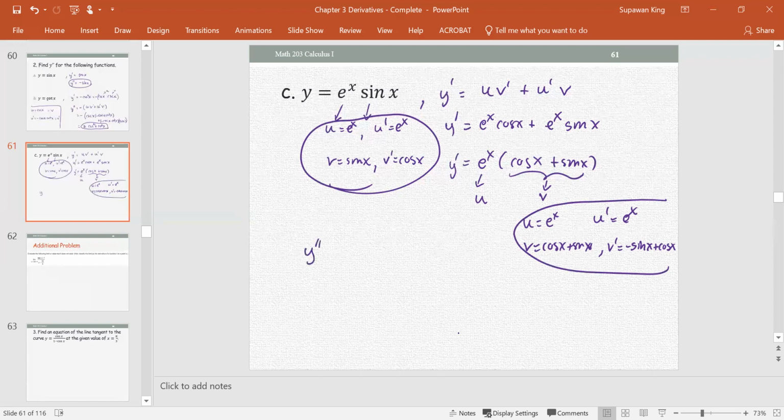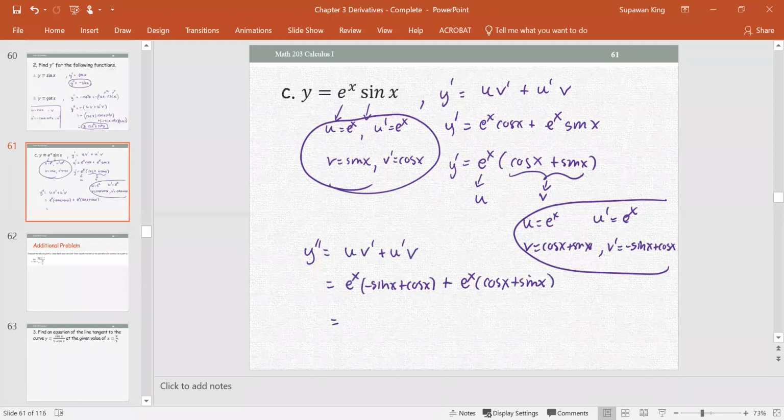So then the y double prime is u v prime plus u prime times v. The new set of the u and v, as u is e to the x, the v prime is negative sine x plus cosine x, plus the u prime, which is e to the x, the v is cosine x plus sine x.